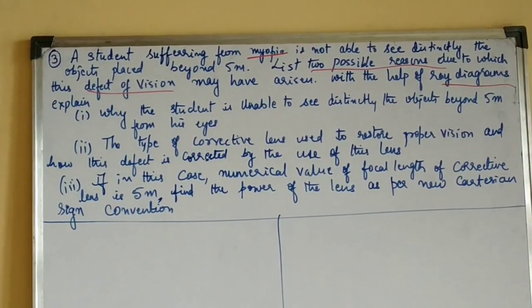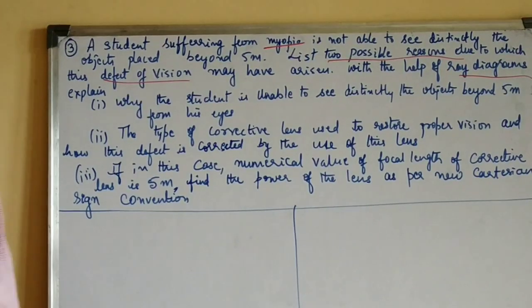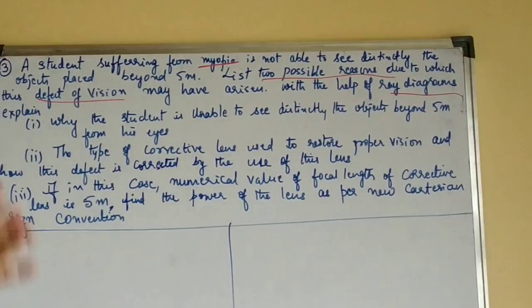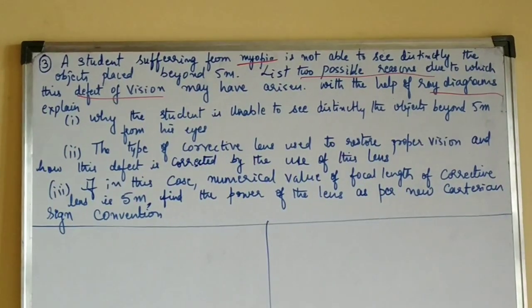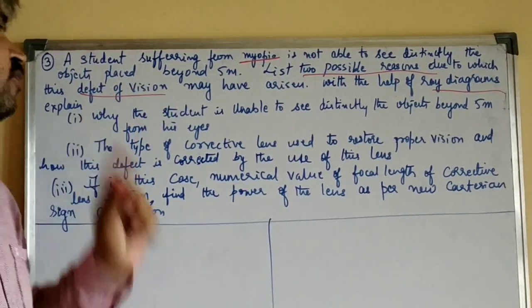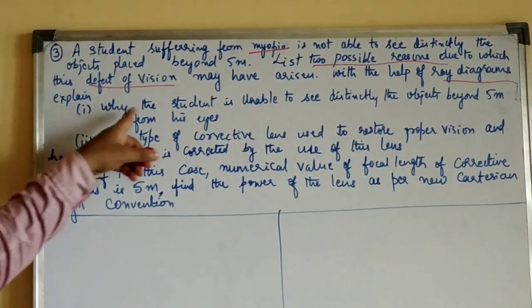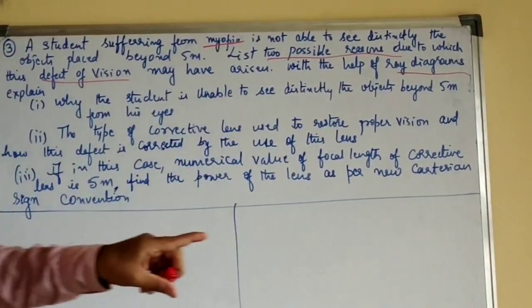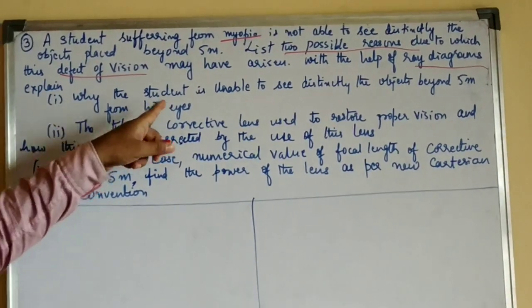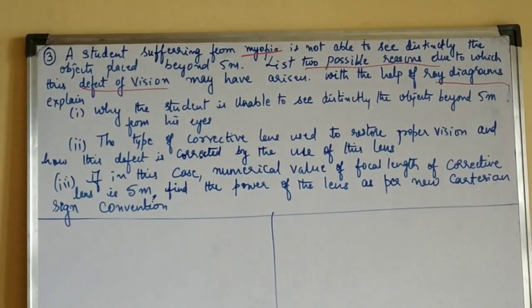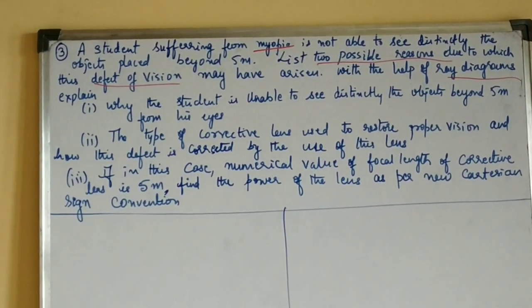So increase in the curvature and decrease in the focal length, these two are the possible reasons for the person who is having the myopic eye. Now, why is the student unable to see distinctly the objects beyond 5 meters from his eyes? I have told the reasons. Because of the increase in the curvature and decrease in the focal length.